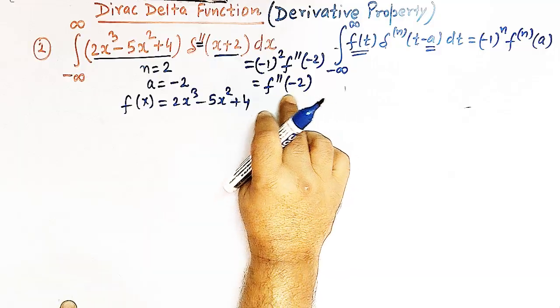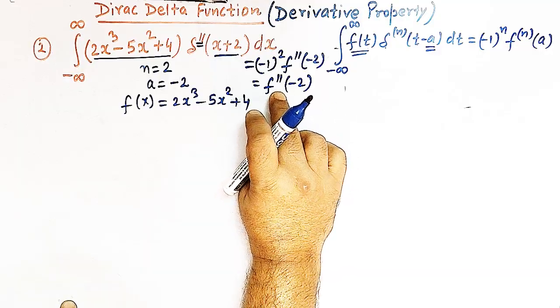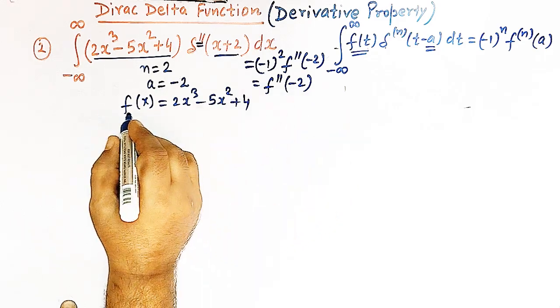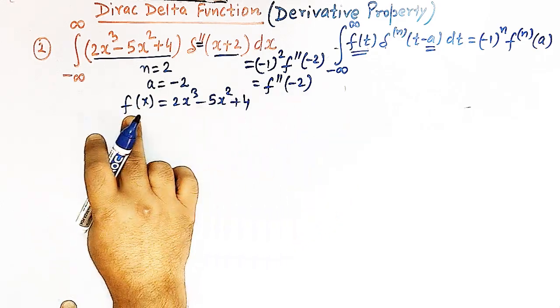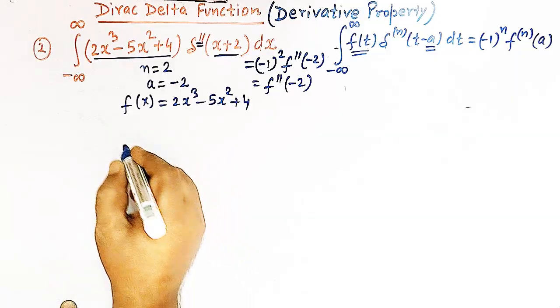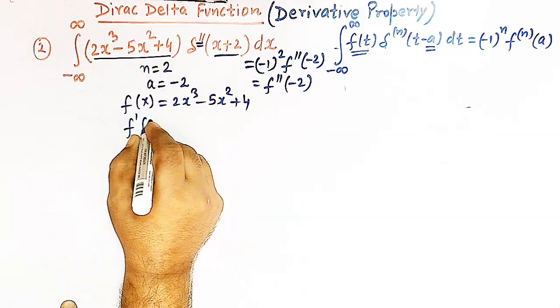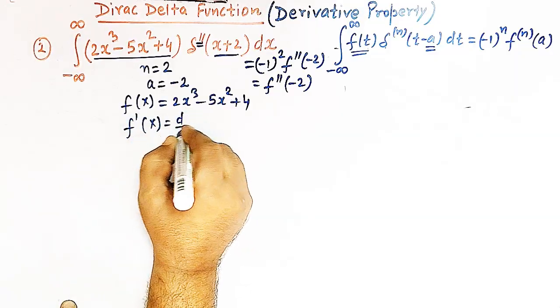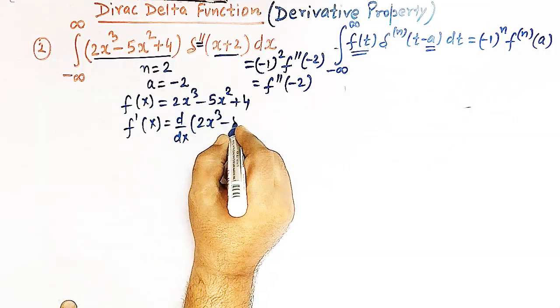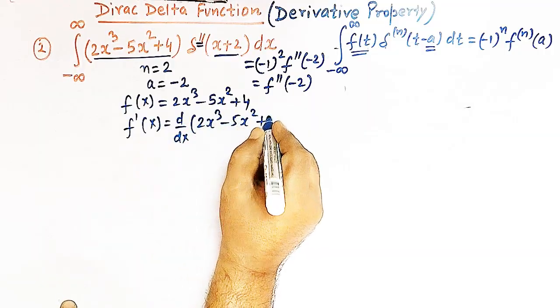So now we have to find the value of f double prime of minus 2. Here let us differentiate this function f of x twice, right? So f prime of x is given by the derivative of 2x cube minus 5x square plus 4.